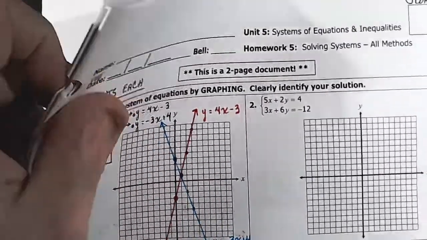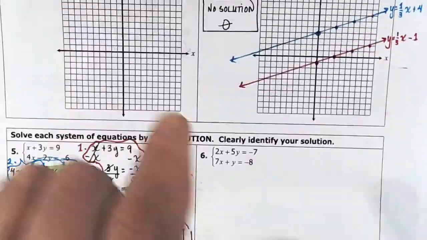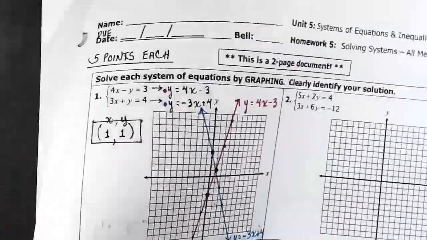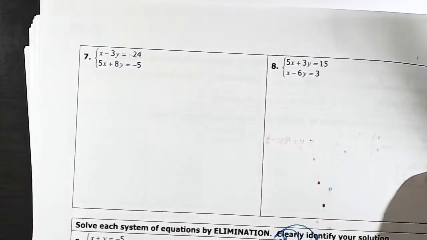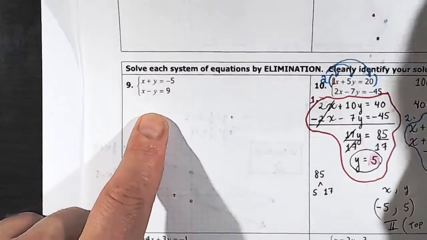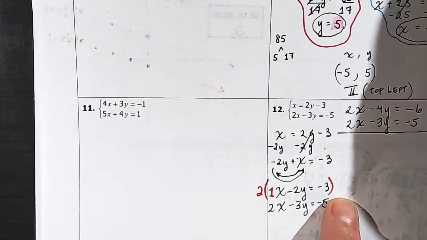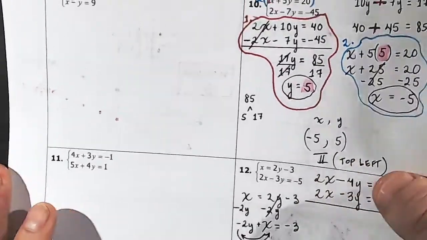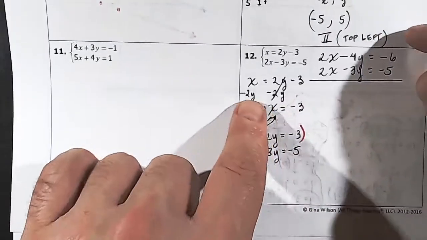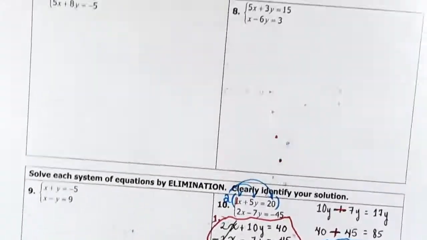So you need to do number 2, number 3, number 6, number 7, number 8, number 9, number 11, and then you need to finish number 12. But I've got it set up for you here. Okay. 12 was hard because we had to go through this rigmarole of rearranging the terms first.